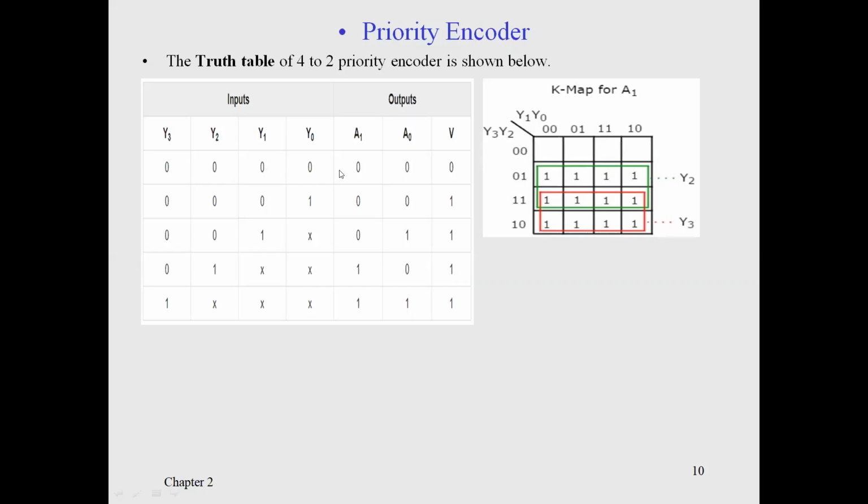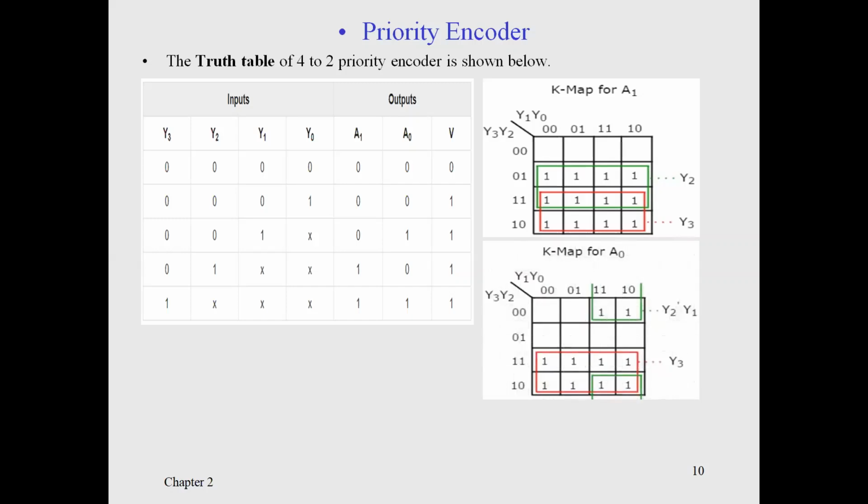So 0 0 0 0 gives 0 0, 0 0 0 1 gives 0 0, 0 0 1 0 gives 0 1, and 0 0 1 1 also, because don't care can be either 0 or 1. In this way we get all the 16 combinations, and we put them over here. So this is a pair over here, and this is also a pair over here. We will pair all the ones, and clearly we will get Y2 plus Y3 over here.